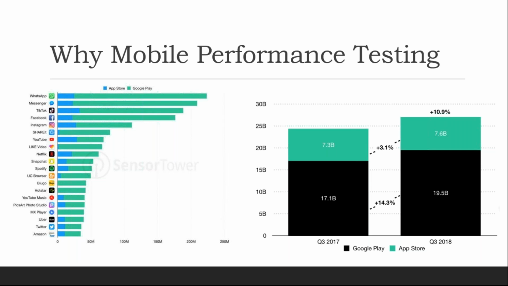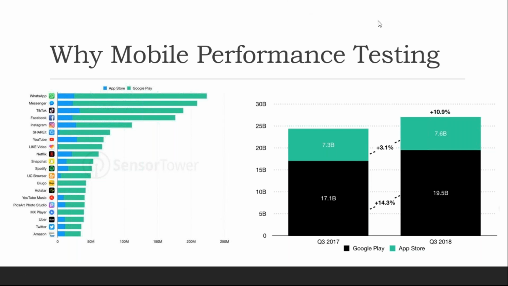So they should know how interested the customer is in downloading our application, whether they are installing and then straight away doing the uninstall, whether we are pulling the interest of the people, whether our customer experience, end user experience is good or not. All those things are happening in the why of mobile performance testing.